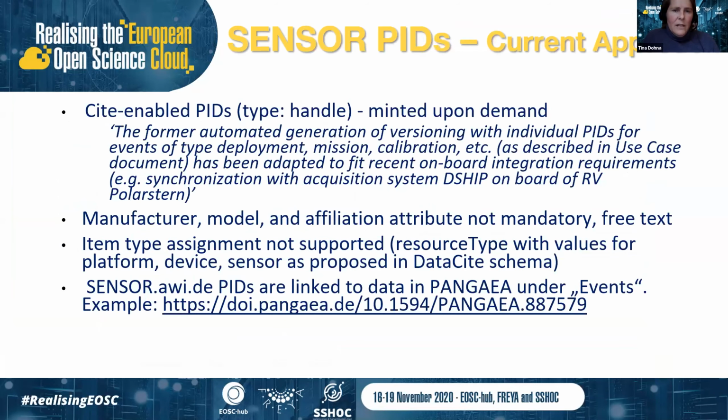So the current use was this handle system that I described from Sensor AVI. There are some problems with aligning how they have been doing their sensor registration with what is suggested by the schema.